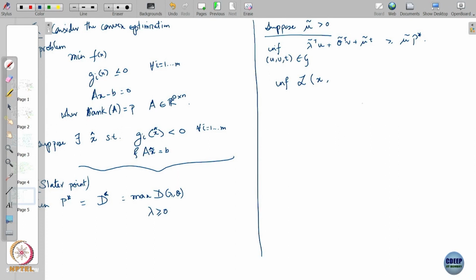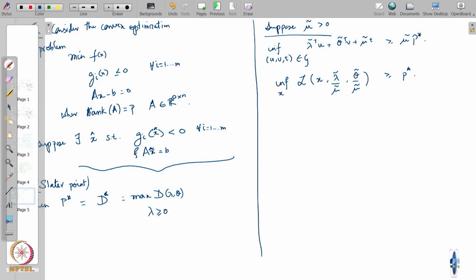If mu tilde is greater than 0, I can just divide all sides by mu tilde, and then I would get that this is nothing but the infimum of the Lagrangian evaluated at lambda tilde divided by mu tilde and theta tilde divided by mu tilde, and that would be greater than or equal to p star.